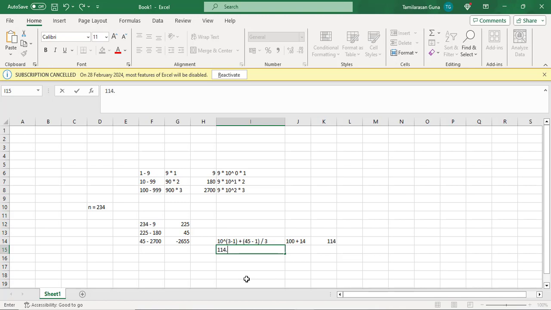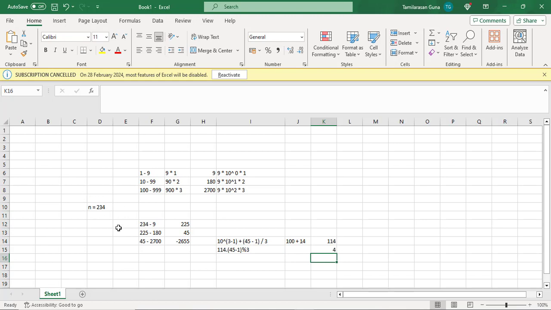So take the n value 45, subtract 1 because we start from the 0th digit. What is the remainder when I divide by the total number of digits? 44 divided by 3, my remainder is 2. So from 114, the second index value is the answer. What is the second index value? 4. 4 is the answer.